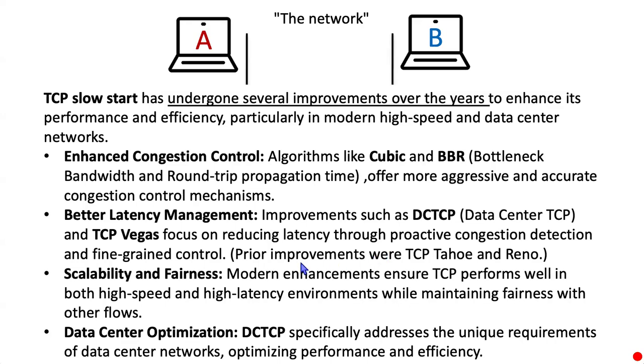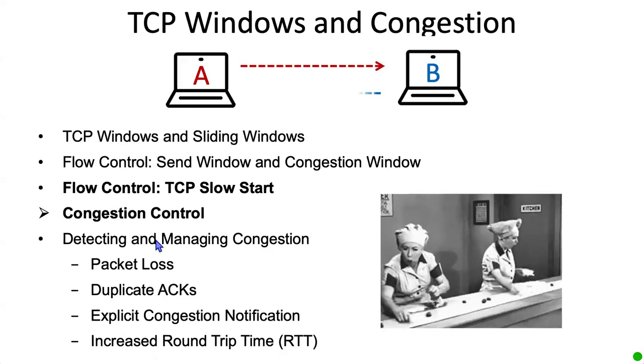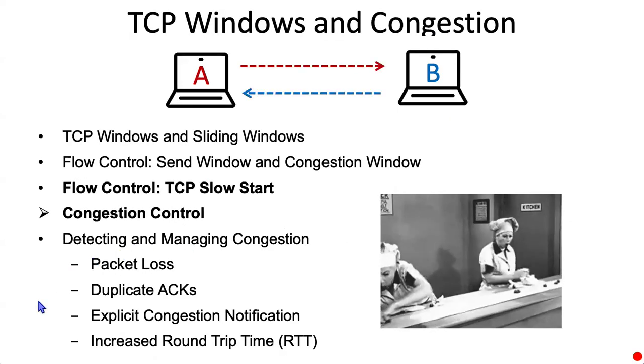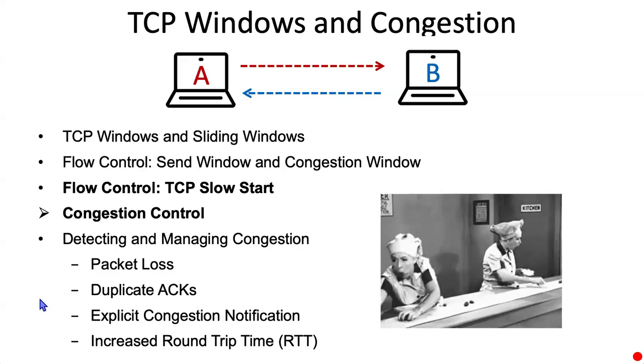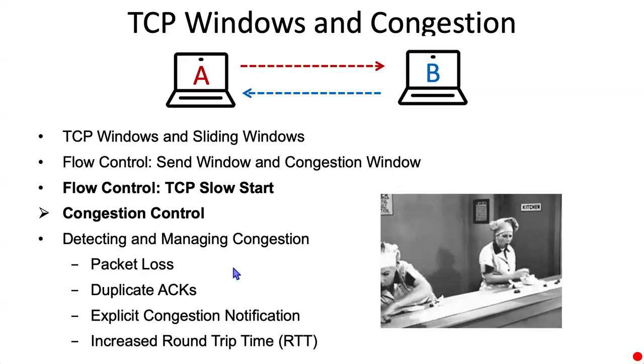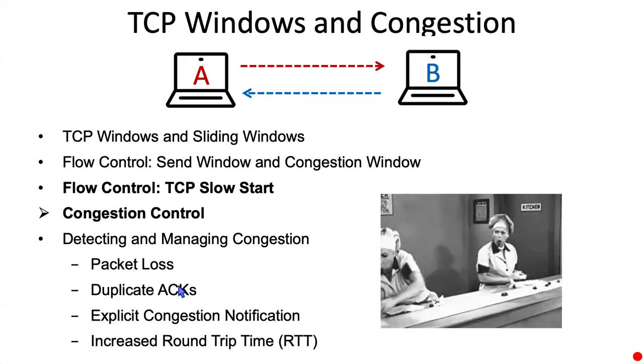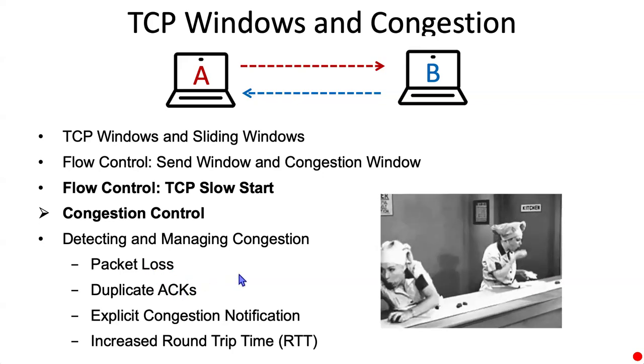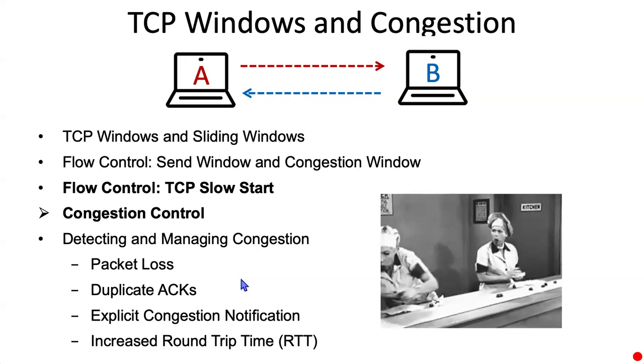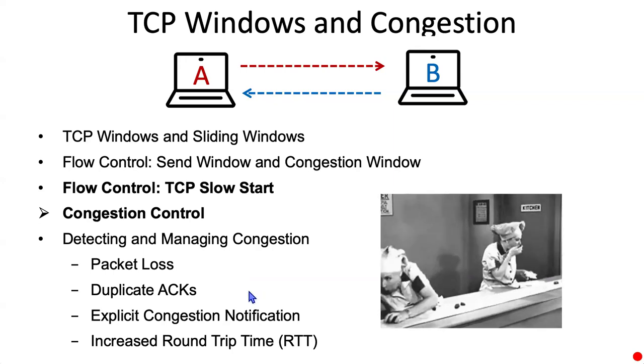But hopefully this gives you a foundation, some of the fundamentals of what TCP Slow Start is all about. Next, we're going to look at some congestion control with TCP, how it handles things, including later things like packet loss, duplicate ACKs, explicit congestion notification, and increased round trip time.